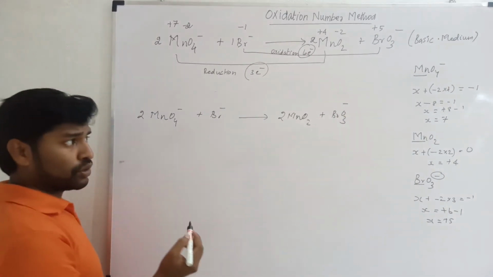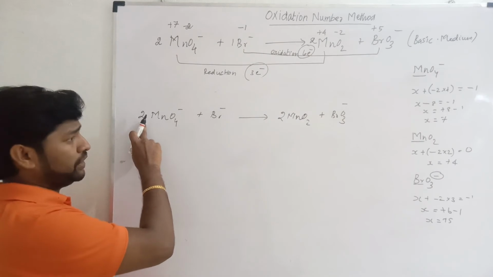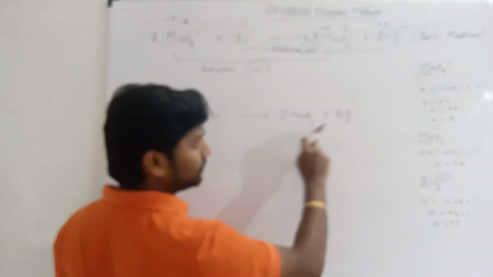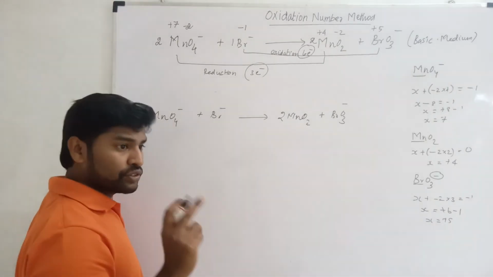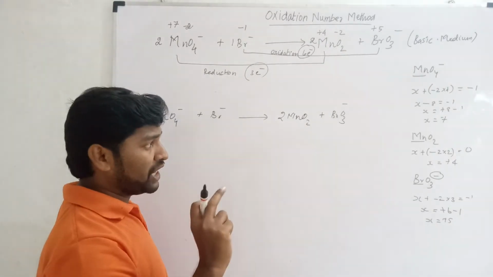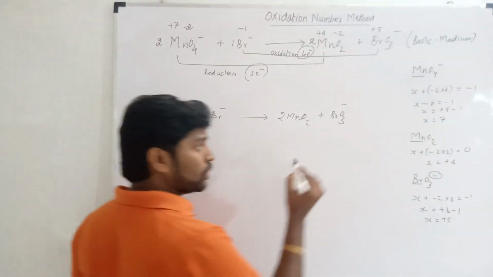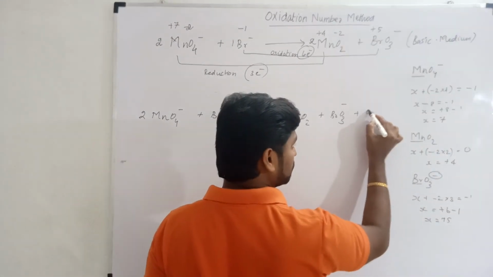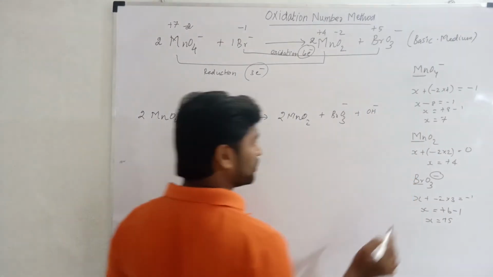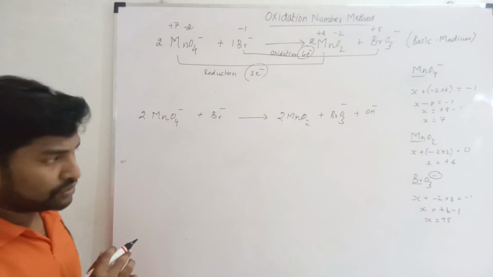Which side is oxygen deficient? 4 to 8, 8 is there; 2 to 4 and 3, 7 is there. This side is deficient. So in the basic medium, for balancing the oxygen we add OH negative ions. Now oxygen is balanced.